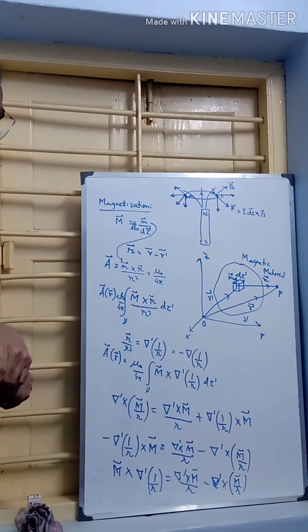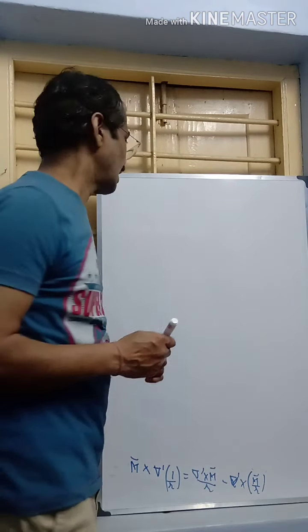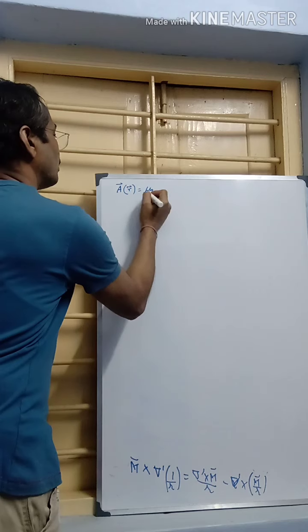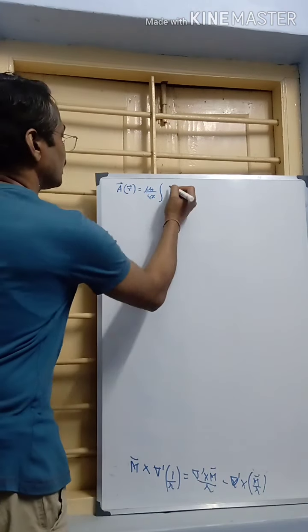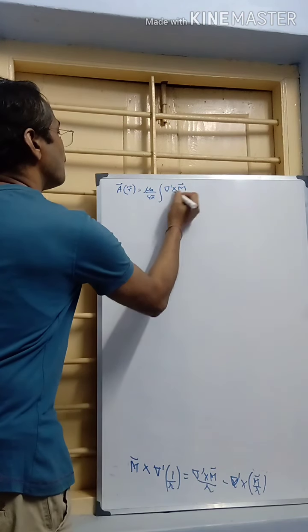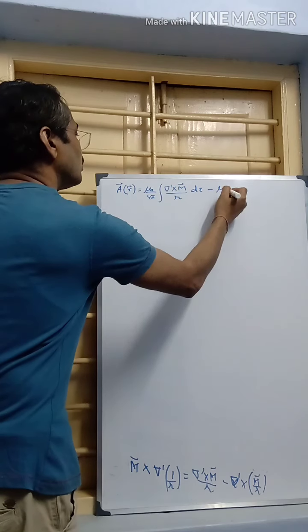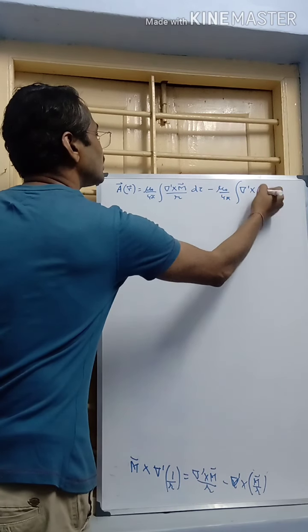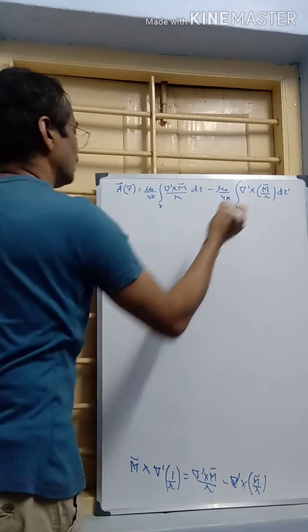So putting in the value of m over here, we can write the value of A r. Putting it in, we get mu naught by 4 pi, and in place of m cross grad prime of 1 by r, we are writing curl of m by r d tau prime minus mu naught by 4 pi curl of, as a whole, m by r d tau prime, the volume integral.